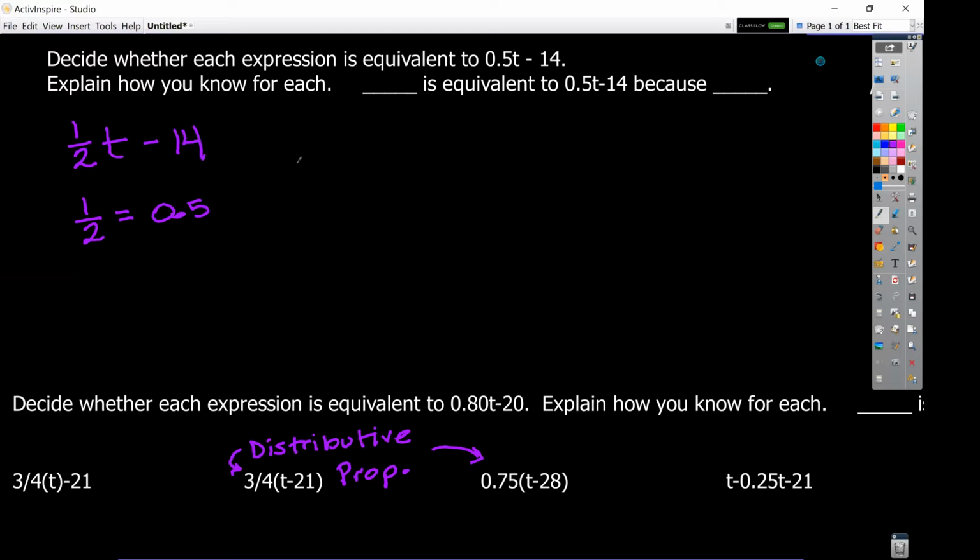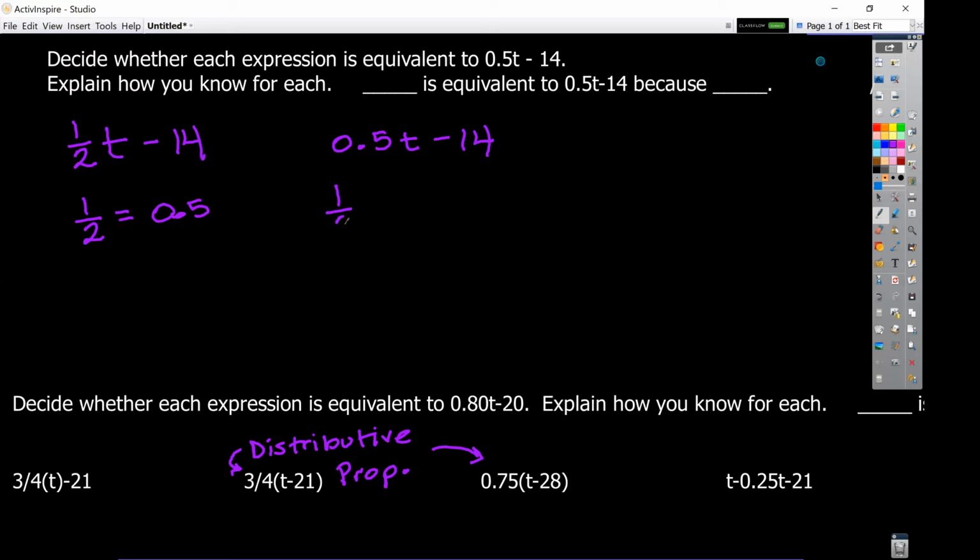So an equivalent way of writing 0.5 t minus 14 using the distributive property would be like this.